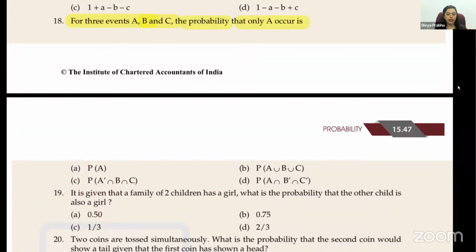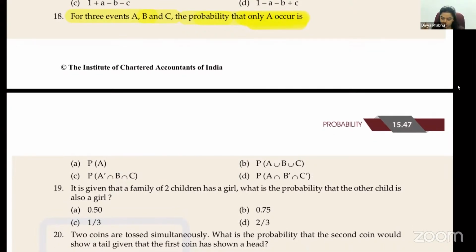You just have to apply the concept which I have just explained. There are 3 events A, B, and C, where they are telling only A should occur, which means B and C should not occur. Can you tell me which option is correct?